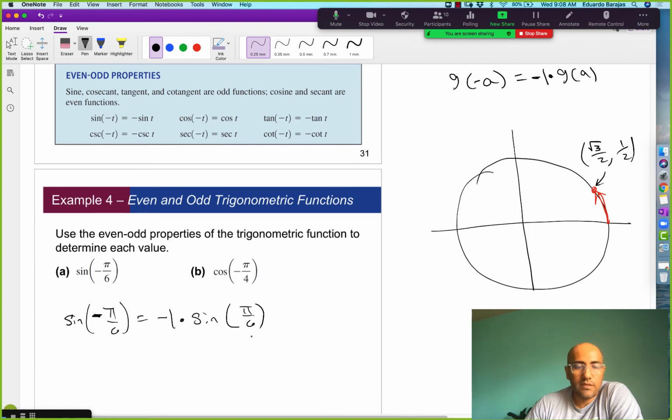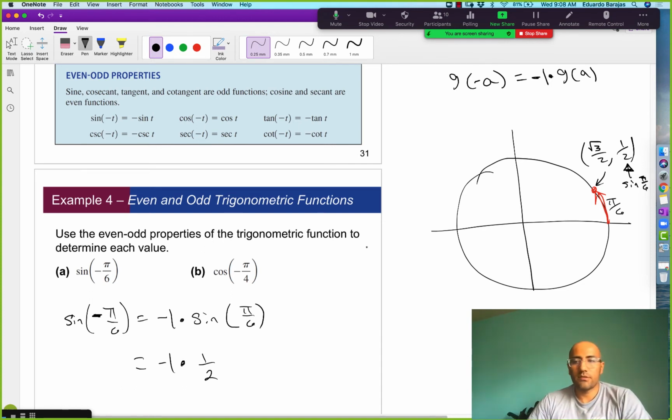And so this is just going to be equal to negative 1 times the y-coordinate of the terminal point. So this one's sine of pi over 6.